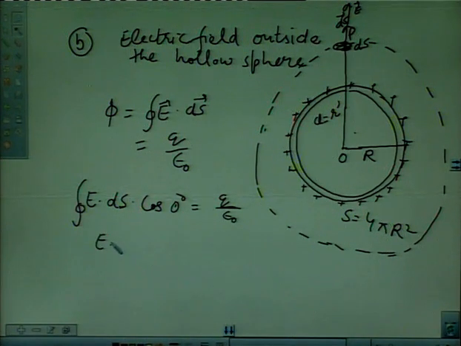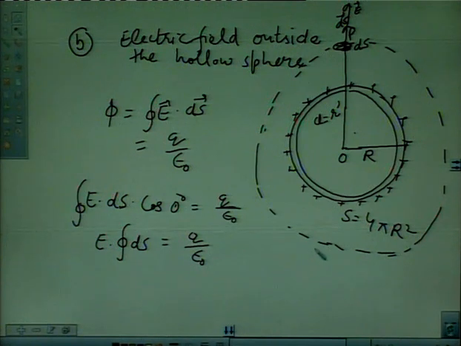E into integral ds is equal to q upon epsilon naught. Now when we are taking the ds integral, we are talking about the Gaussian surface, which is the dotted surface.